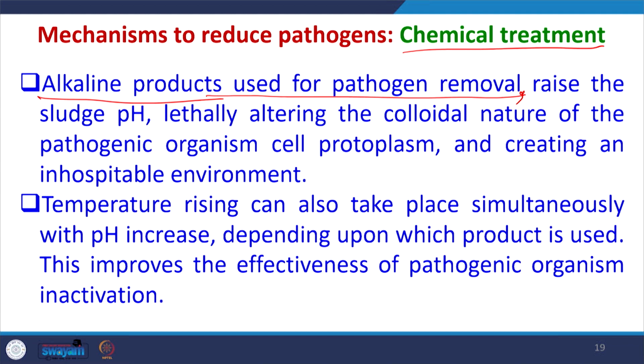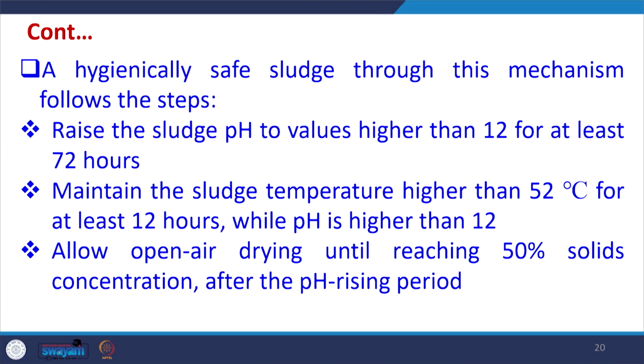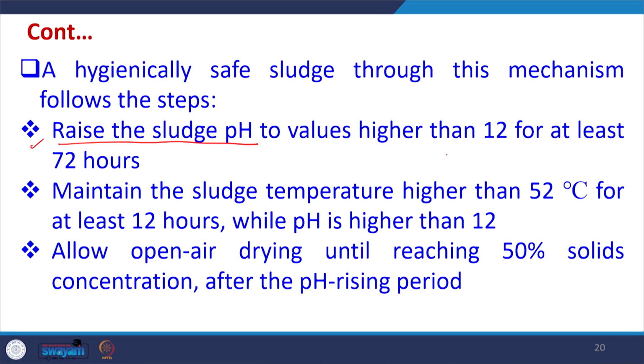So, we can do the chemical treatment to remove pathogens. A hygienically safe sludge through this mechanism follows certain steps. We raise the sludge pH to values higher than 12 for at least 72 hours.